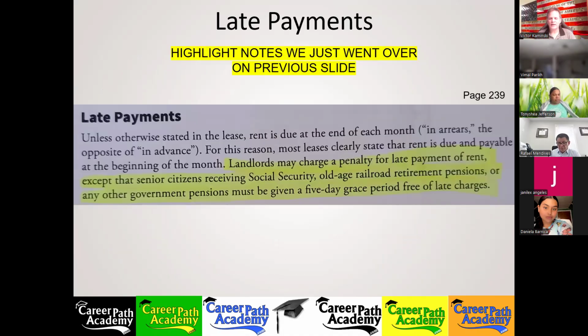So let's highlight that now on page 239 under late payments. Okay, everybody good?